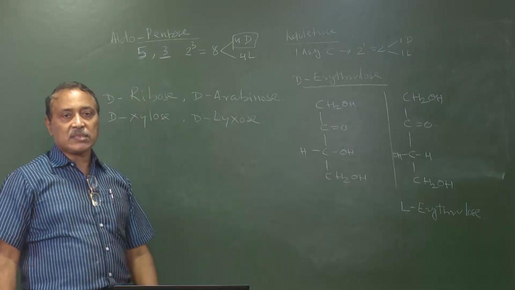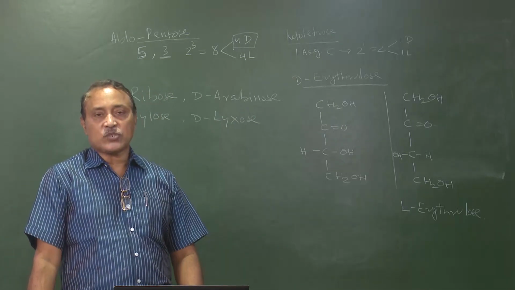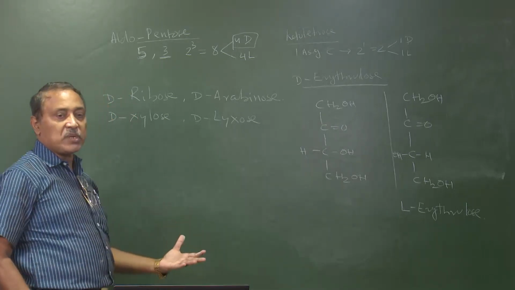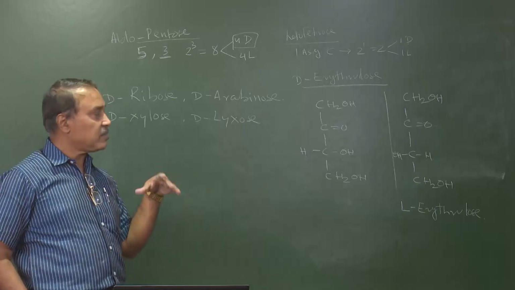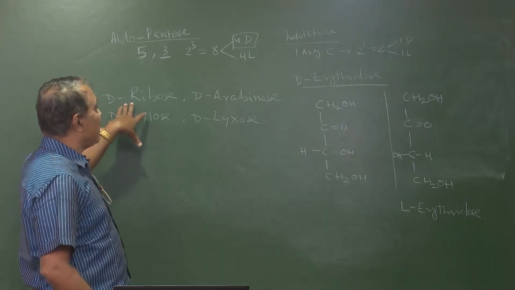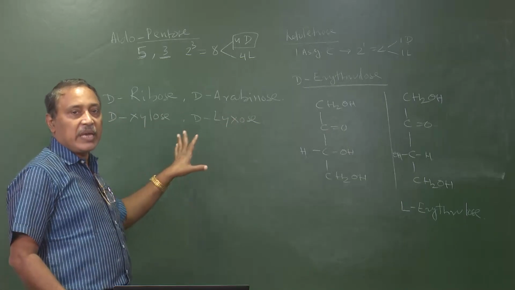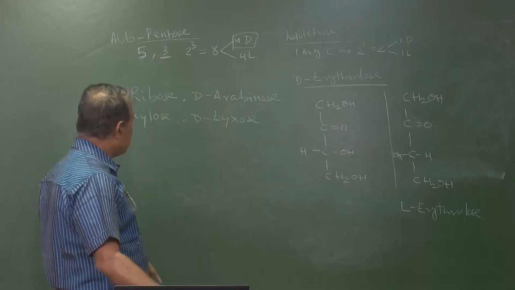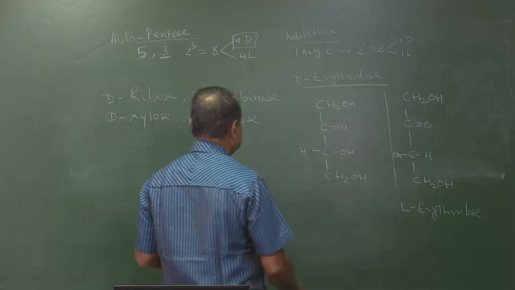These are the 4 isomers of aldopentose. Now, their L configuration we can get. Similarly there will be L-ribose, L-arabinose, L-xylose and L-lyxose. Now, we will have the structure of each of them.